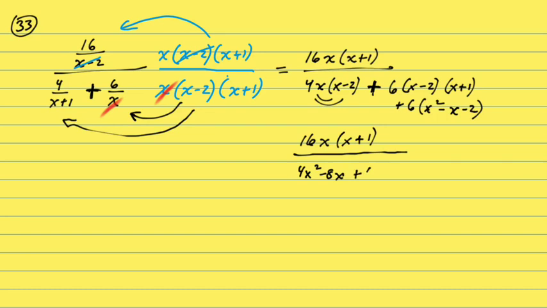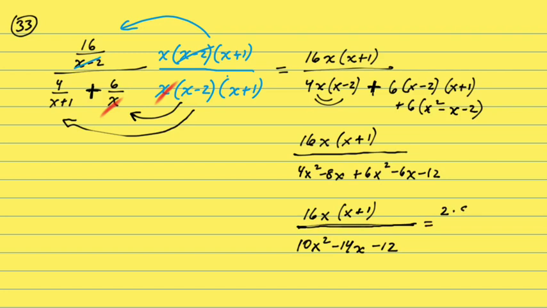So that would be plus 6x squared minus 6x minus 12. 16x, x plus 1 is in the numerator. In the denominator, we have, what, 10x squared? 6 and 4, negative 8, negative 6, negative 14x. Any constants? Minus 12.